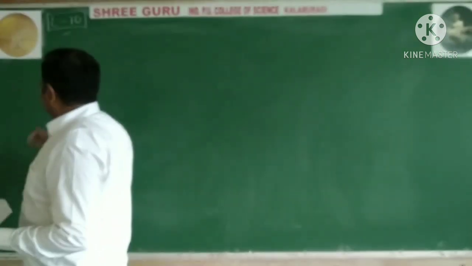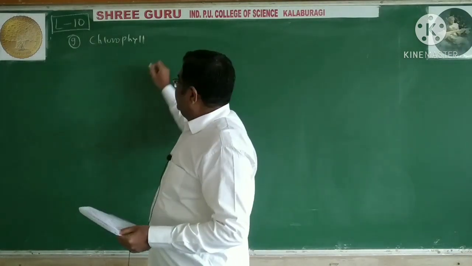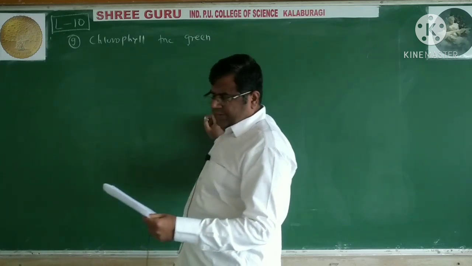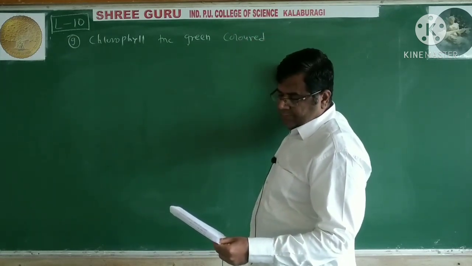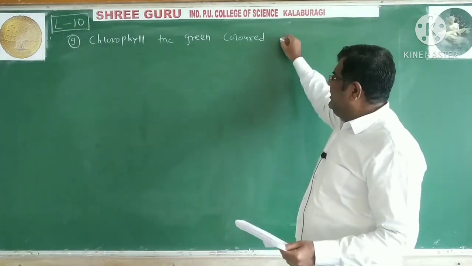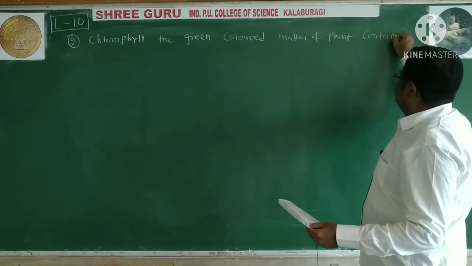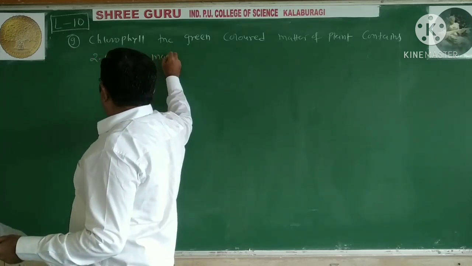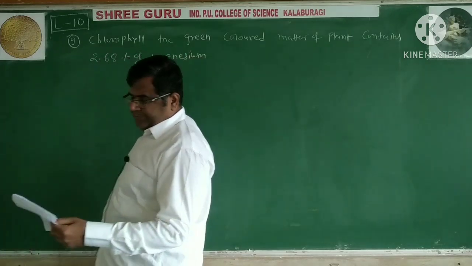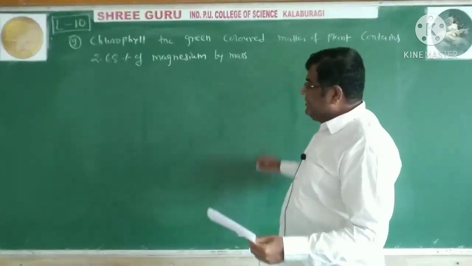Question number 9. Chlorophyll, the green colored plant pigment, contains 2.68% of magnesium by mass.